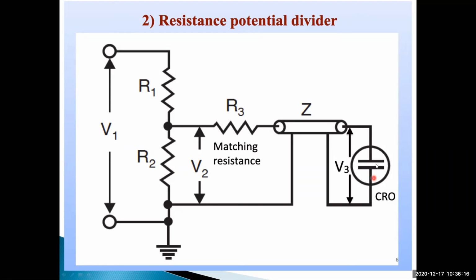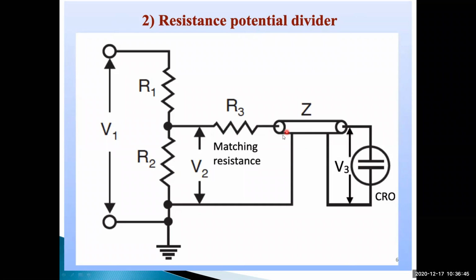Under the open condition, the voltage across the CRO is different. There may be some disturbance between these two, which can be avoided by using a matching resistance between the test object R2 and the CRO. So we have to use one matching resistance along with the delay cable.